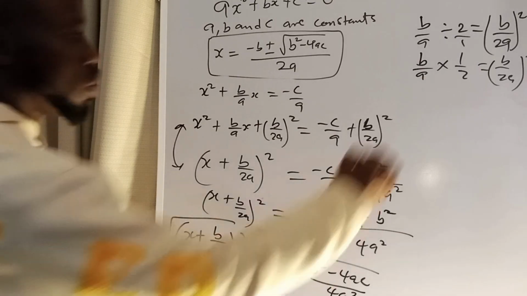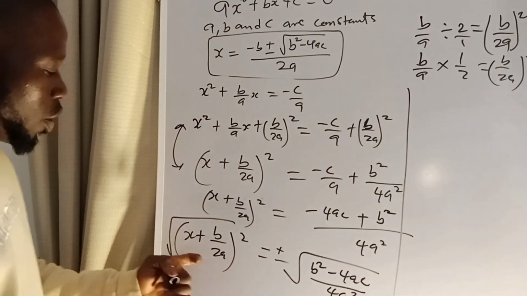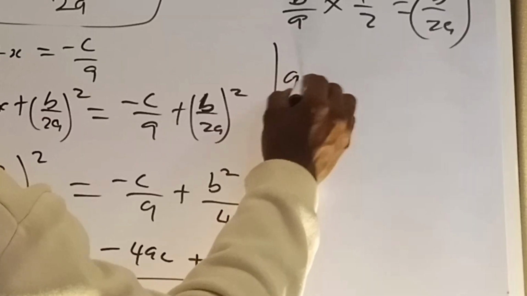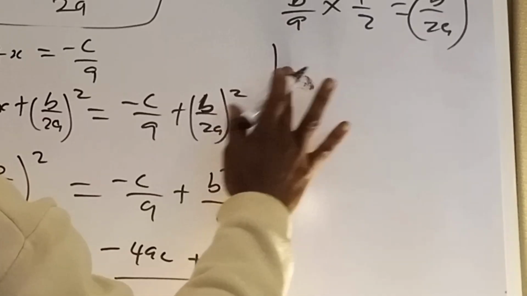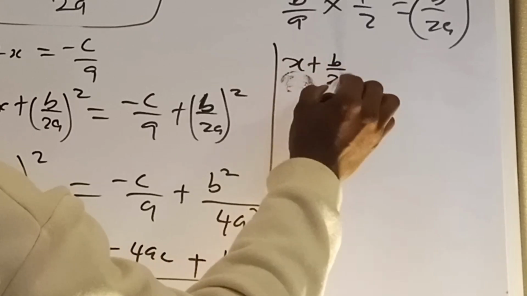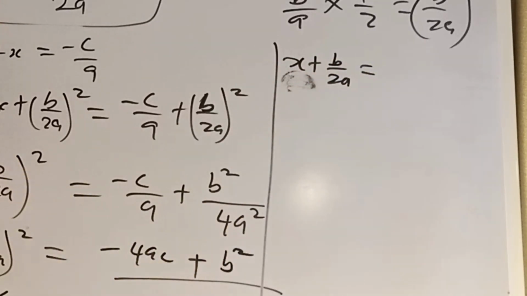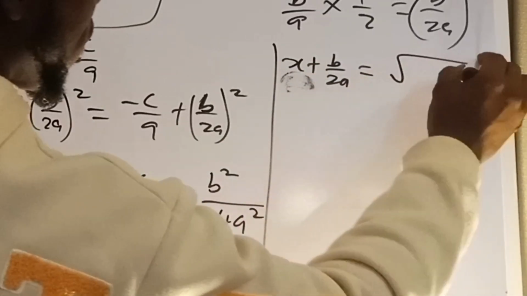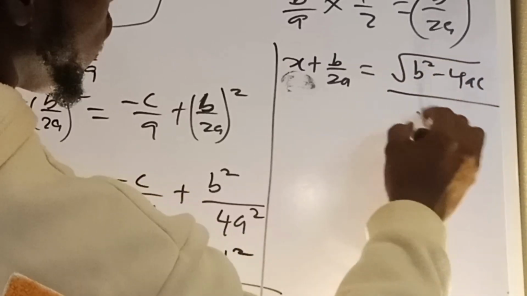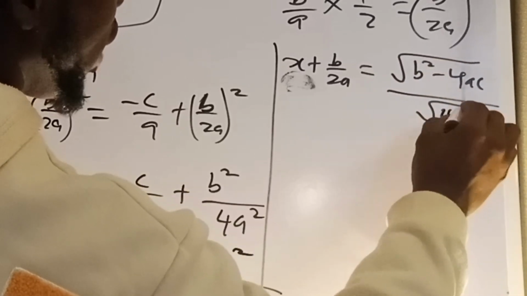All right, so bring it to this side. You're going to have this square root cancel this square, so you have x plus b over 2a is equal to square root of b squared minus 4ac over square root of 4a squared.